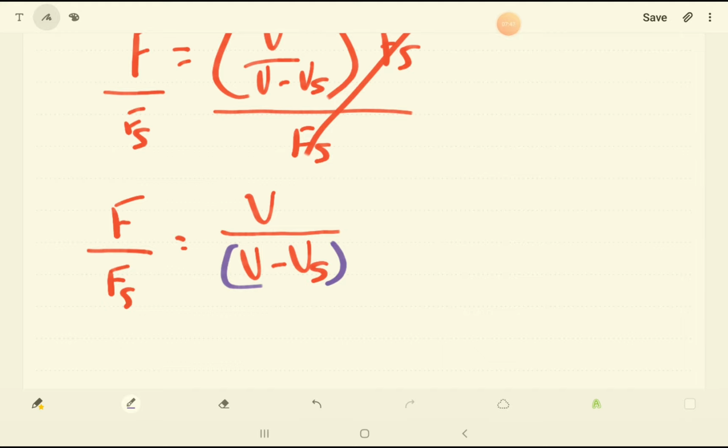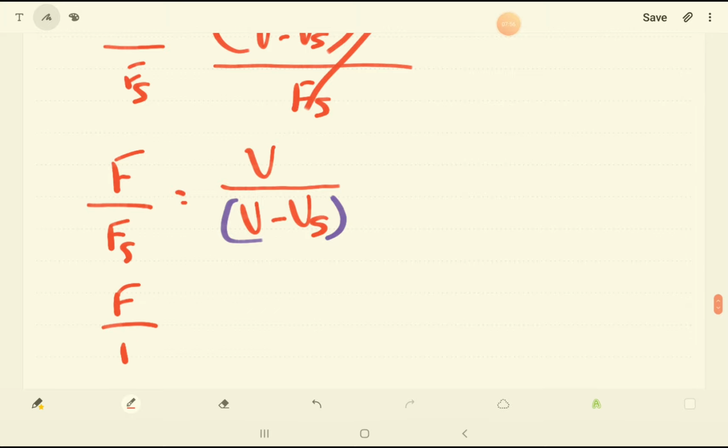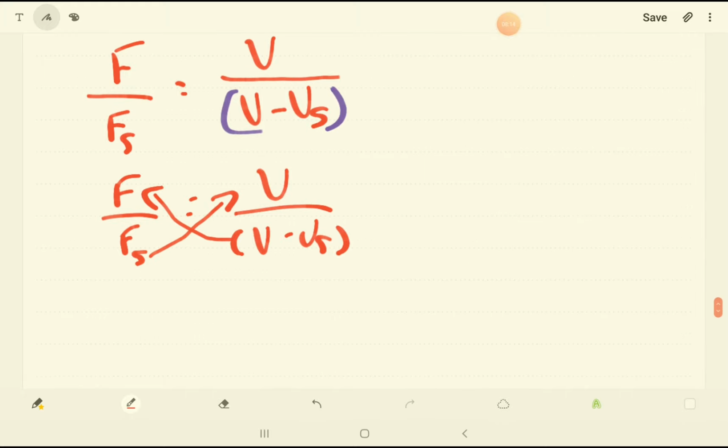And so by doing that, my new formula is going to be F over Fs equals F bracket V minus Vs. And once I've done that, I am going to cross multiply this over here and this over here. And you'll see why, not the next step, but the step after that, why I did that.